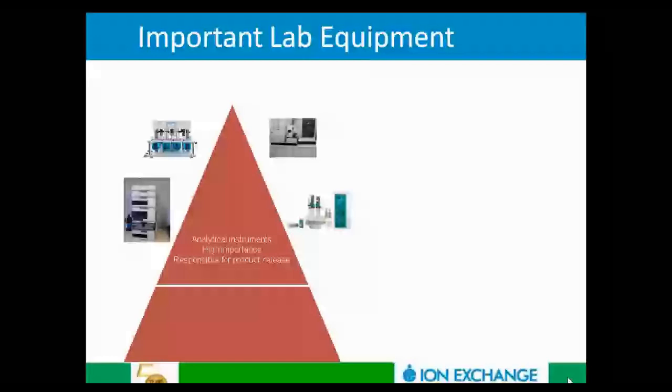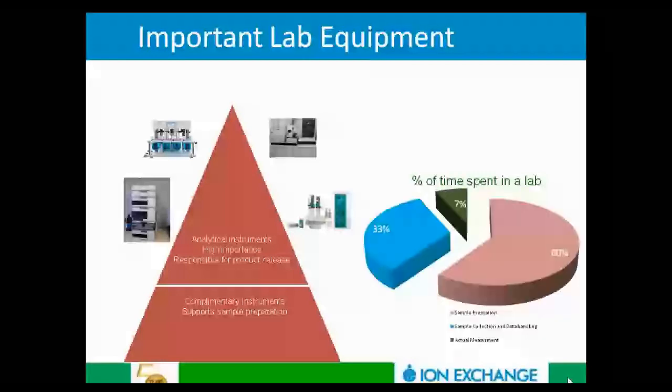But for these instruments to generate results, you need good complementary equipment. These are the equipment which enable the sample preparation, and there is a proven record that most of the time is spent on sample preparation. The equipment that enables sample preparation includes products like a pH meter, a weighing balance, or a water purification system.